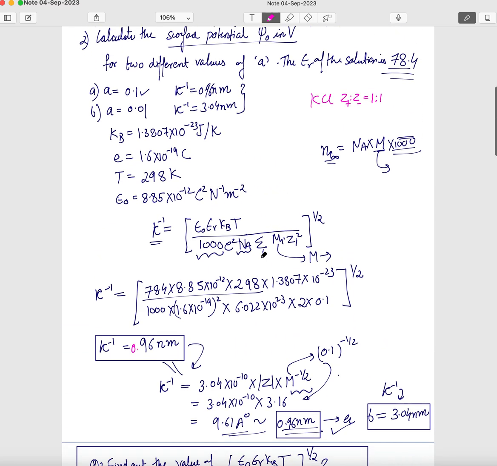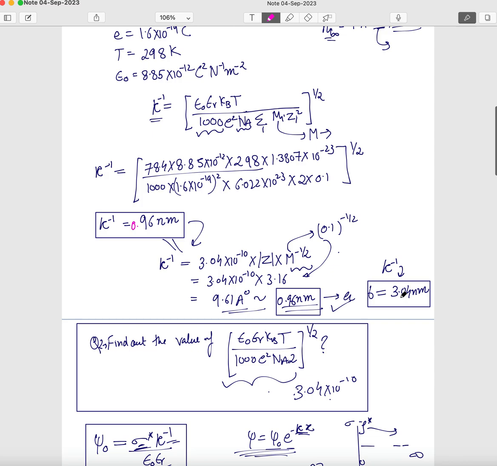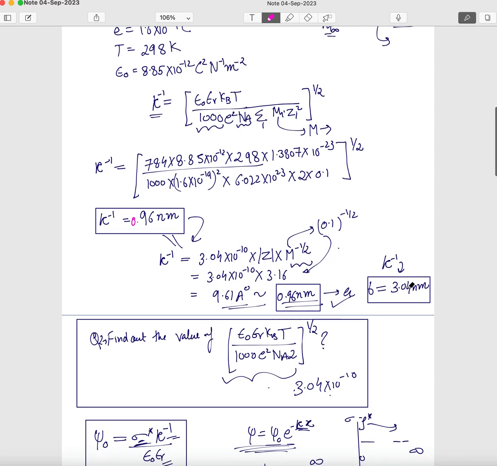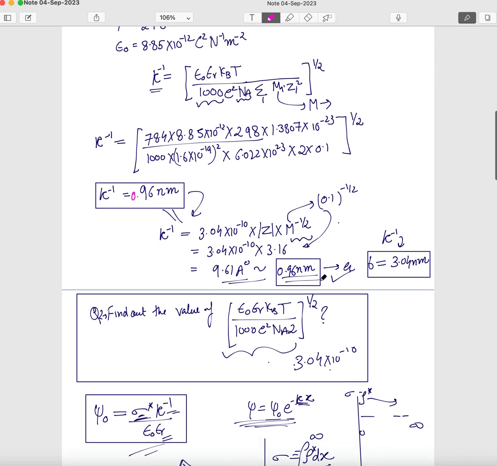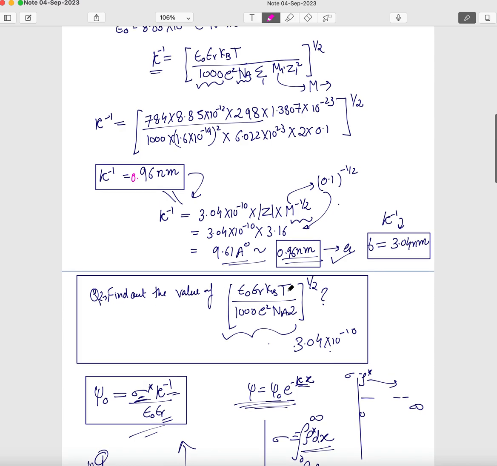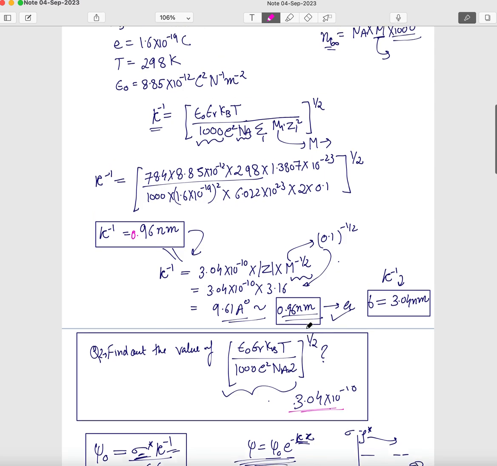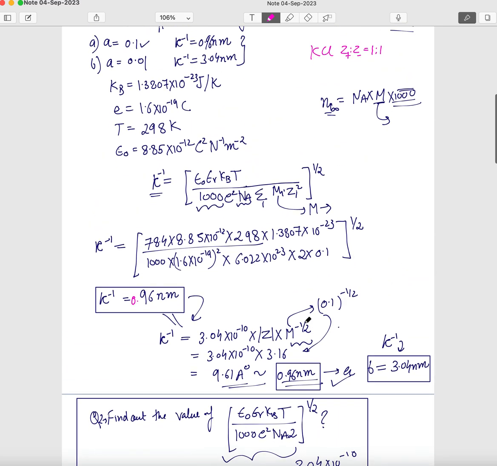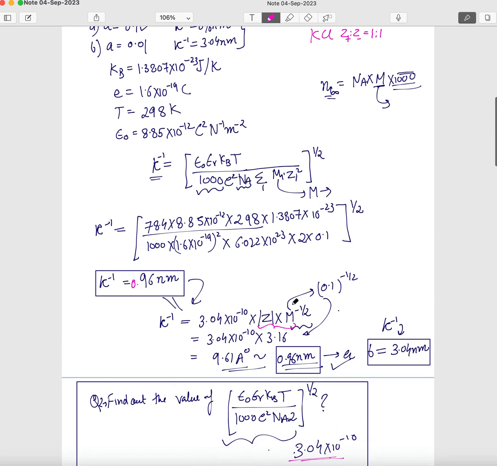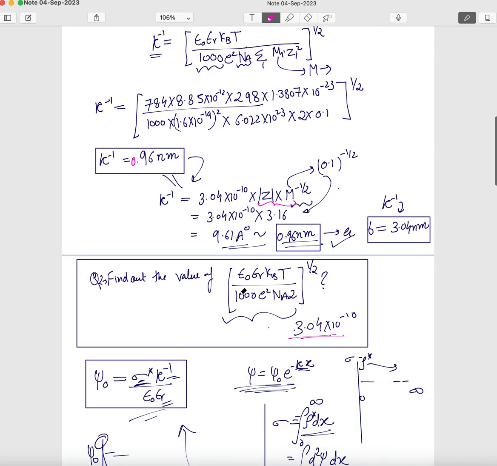When we substitute it in this formula, we get 3.04 nanometer. To verify, since there was a doubt, we found the values of this and this, and multiplied together they give this formula.